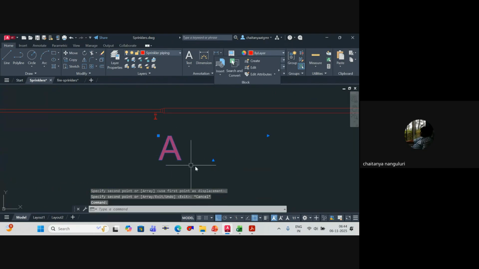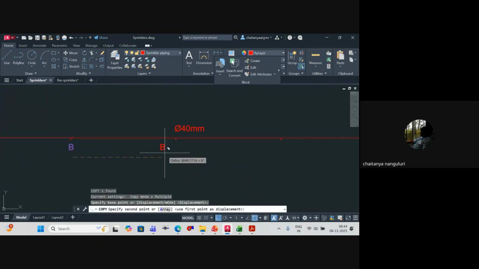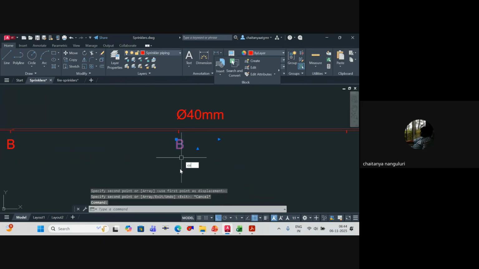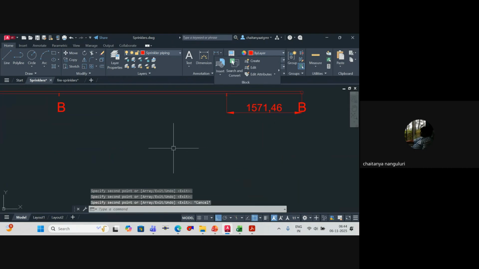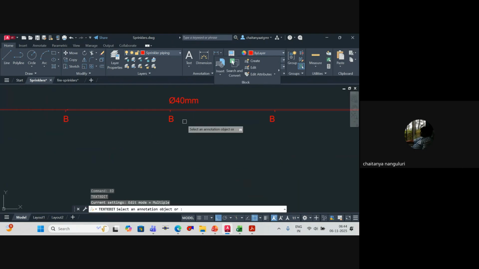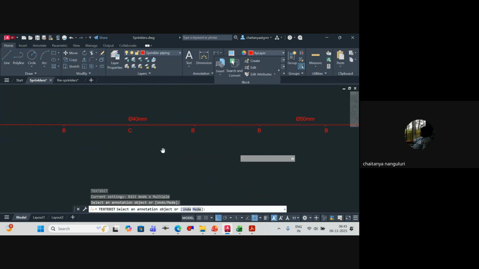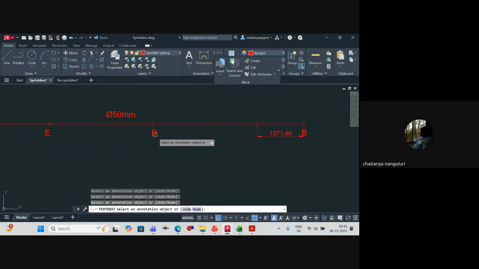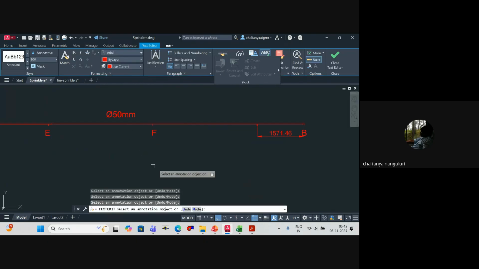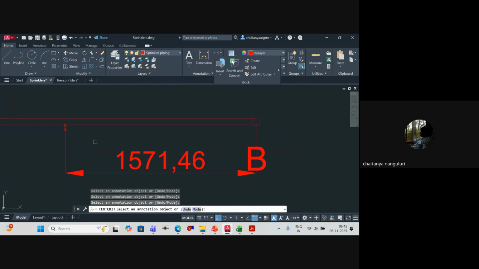So that in the Excel sheet, when you refer later, it will be easy for you to understand which part I'm speaking about.